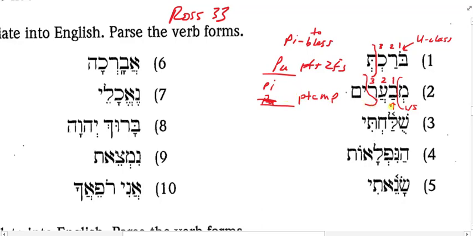Now, you didn't even have to think about the fact that PLs normally have doubling in root 2, and the ayin doesn't allow for that, right? That is the case, but you didn't even have to think about that in order to parse this properly, did you? All right, but notice that the ayin will reject the dagesh forte. What are my two strategies for dealing with rejecting dagesh forte? I could get compensatory lengthening of the preceding vowel, or the vowel stays short, and what happens to the guttural?